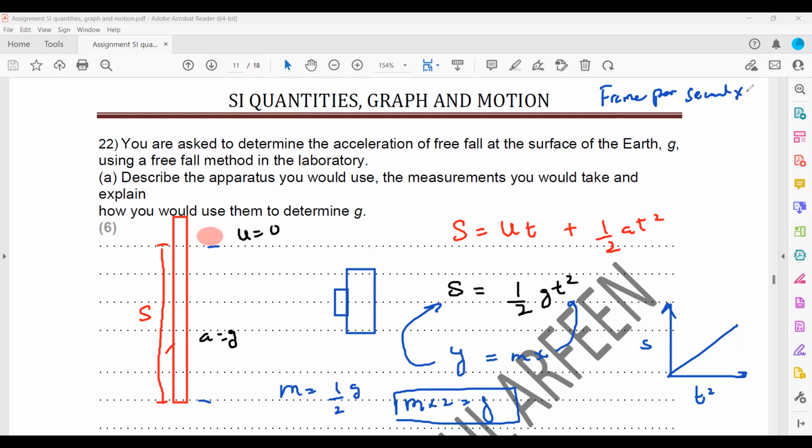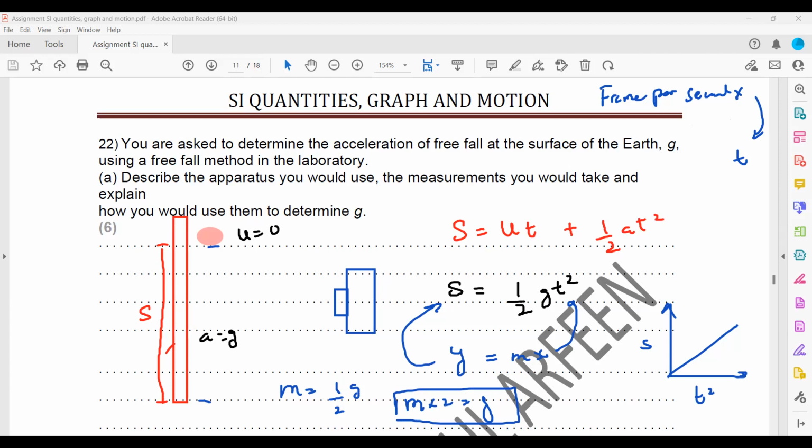How many frames are captured? So this will give us the total time. Like using frames per second, in 1 second, say 20 frames are there. So if we have 50 frames, that will be x seconds, and we just cross multiply to determine the time. So using frames per second, we can determine the time. That will be more accurate compared to a stopwatch.